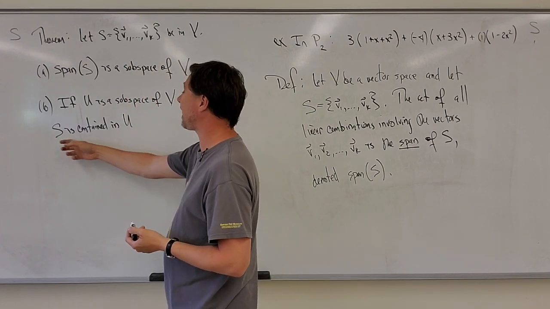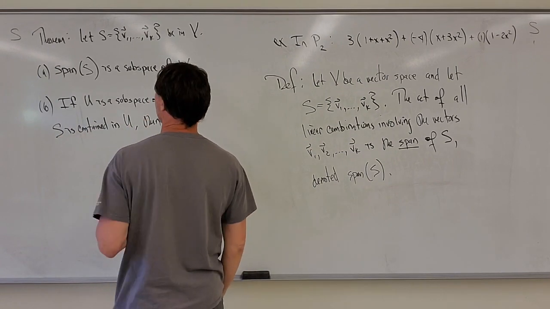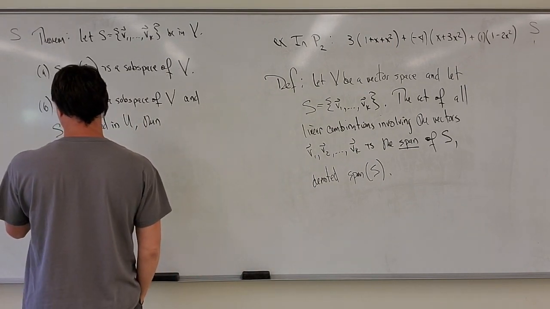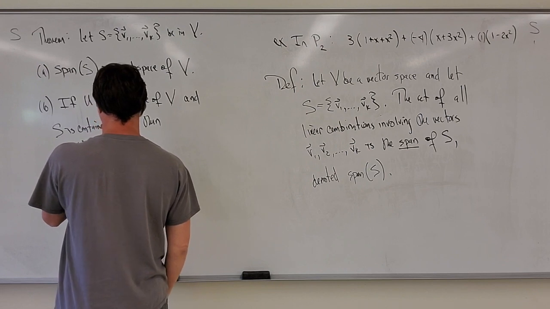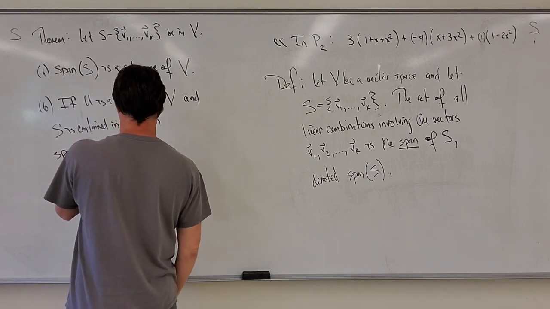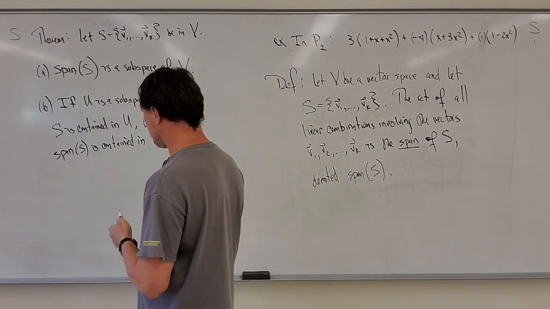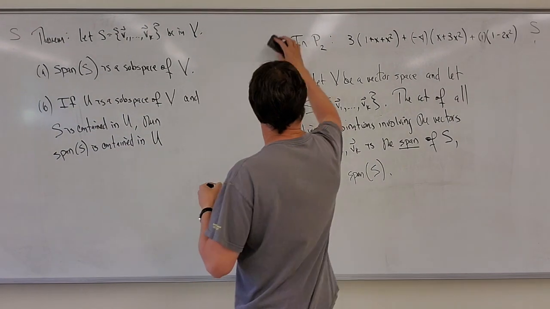So if U contains all the vectors from S, then span of S is contained in U. So if you have, let's just kind of draw a picture. Well, let me draw a picture over here.